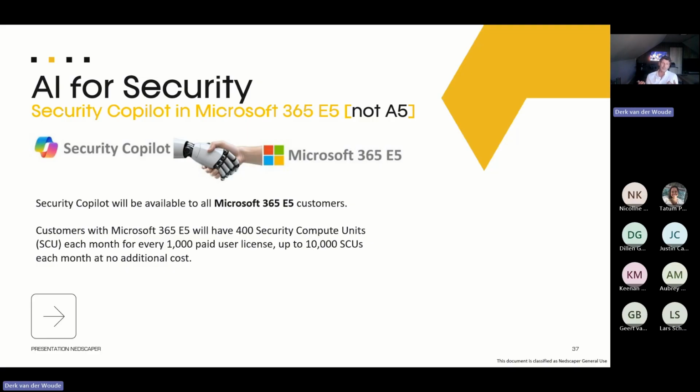So if you have 40,000 or a million E5 licenses, it's limited. If you scale it down to maybe 100 E5, I think the SCUs are too limited to do a lot of things. Maybe you can run some agents on there, but that's it.